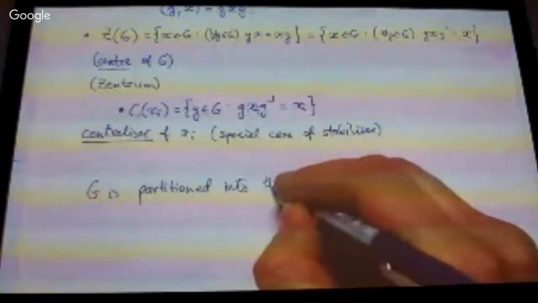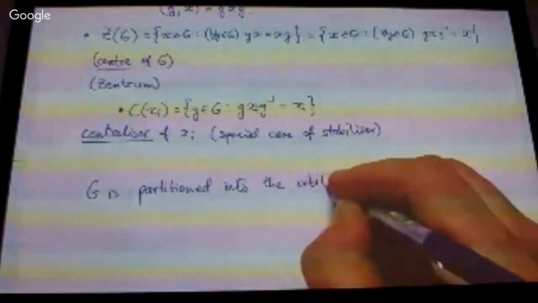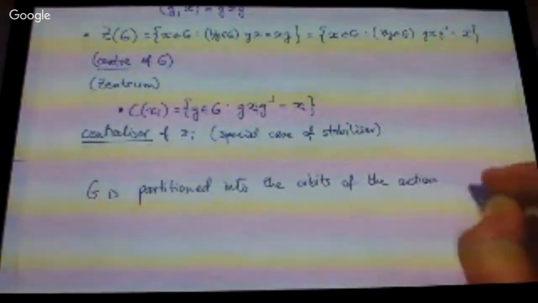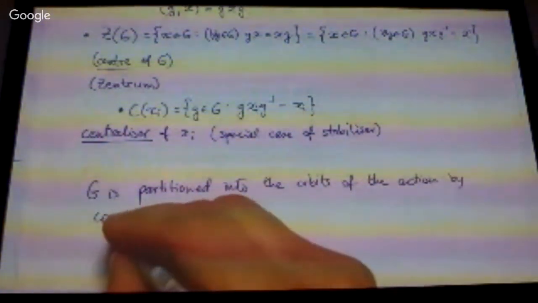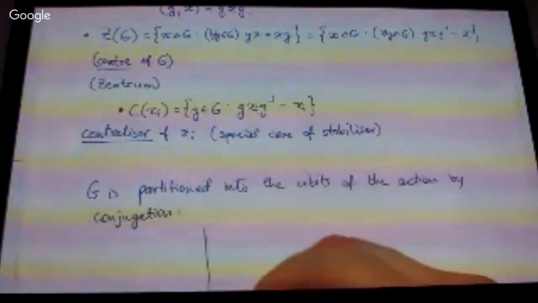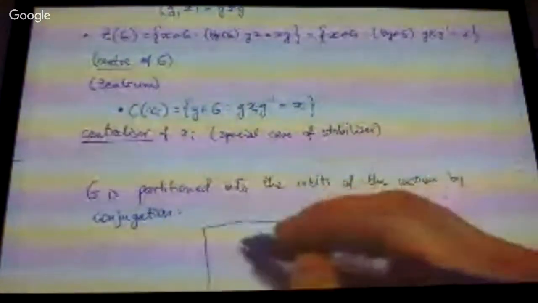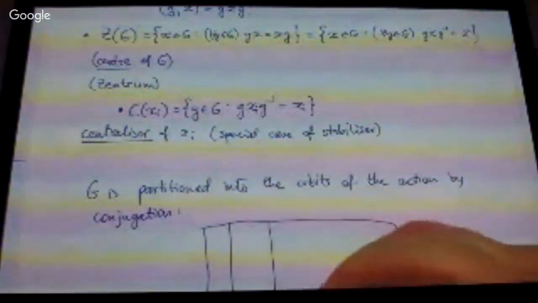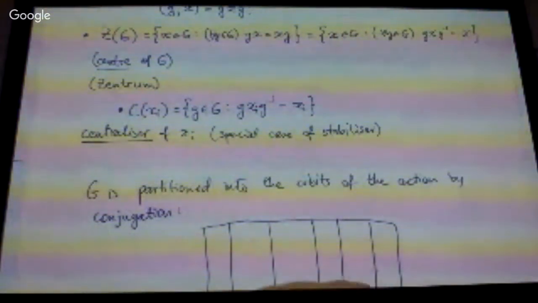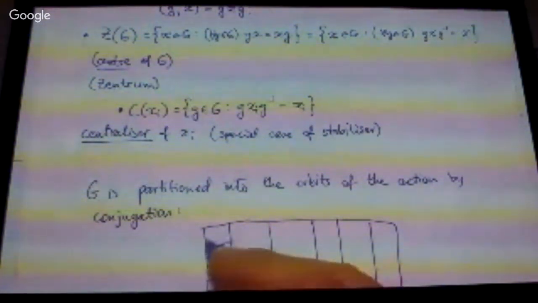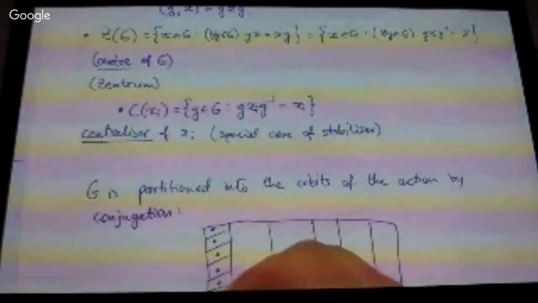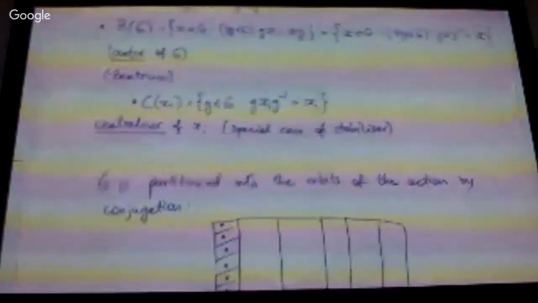into the orbits of the action by conjugation. Like this. Some may be larger, some may be smaller. These are very small. These are the trivial orbits, the orbits that only have one element in them.